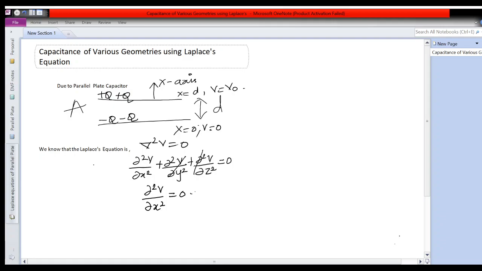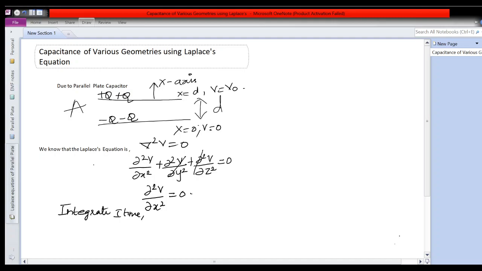So now I am going to integrate. dou square V by dou x square equal to 0.